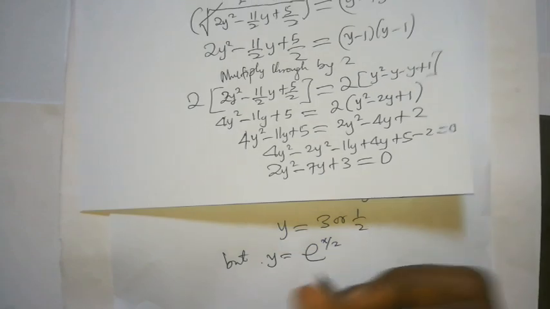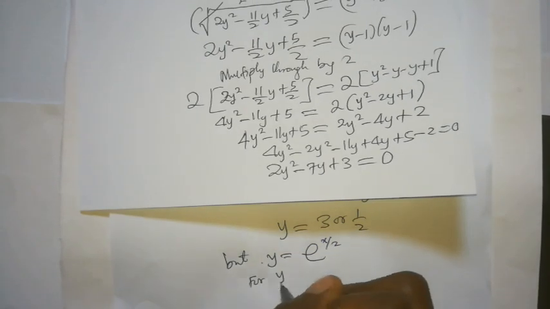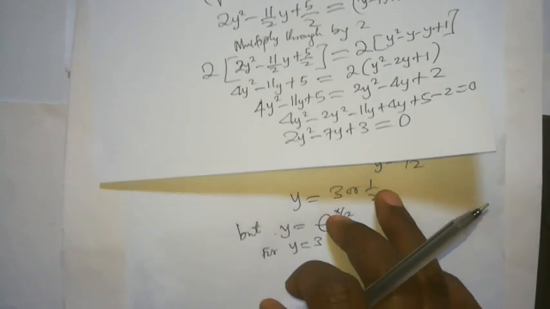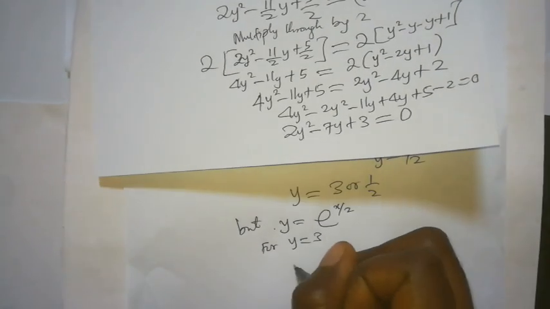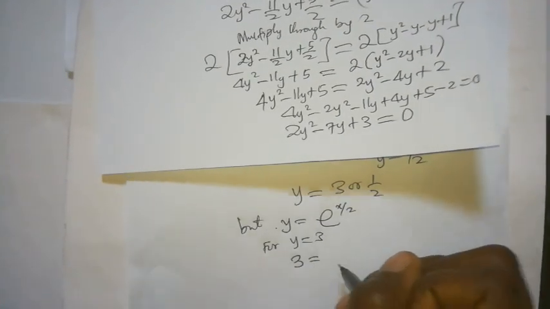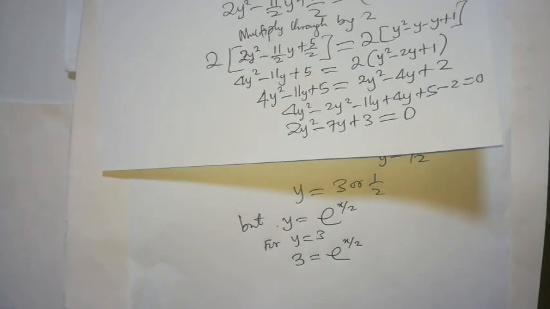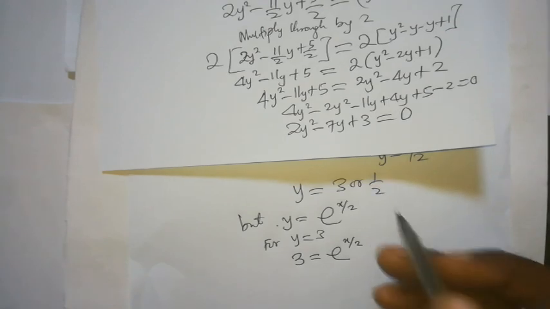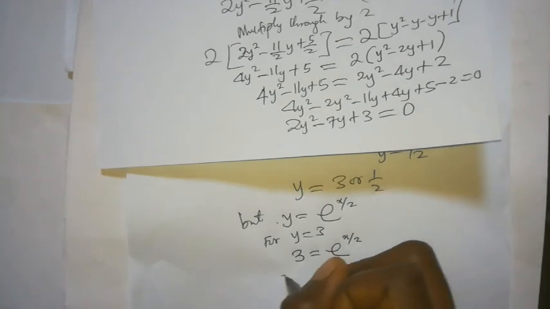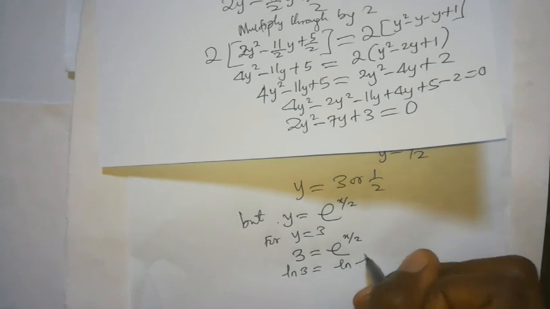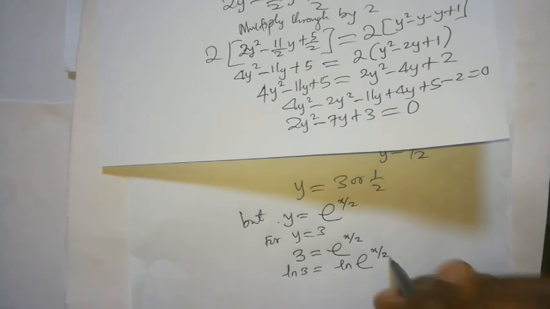we can say for y is equals to 3, you get it? What is going to be our x? So we have 3 is equals to e to the power of x over 2. You get it? So to do this, we have to take the ln of both sides. Ln 3 is equals to ln of e to the power of x over 2.